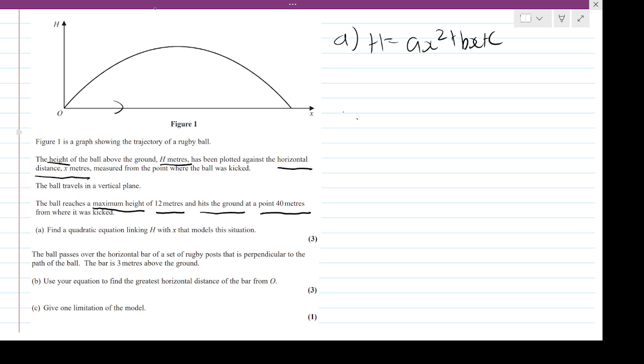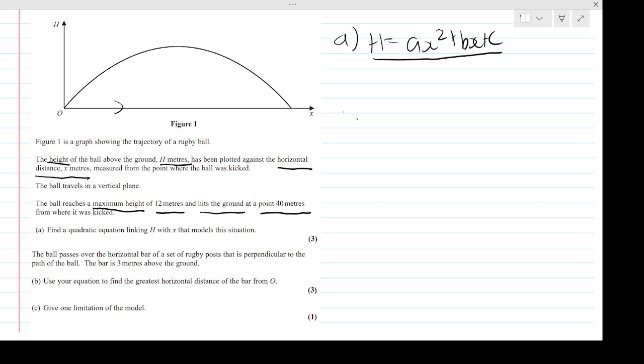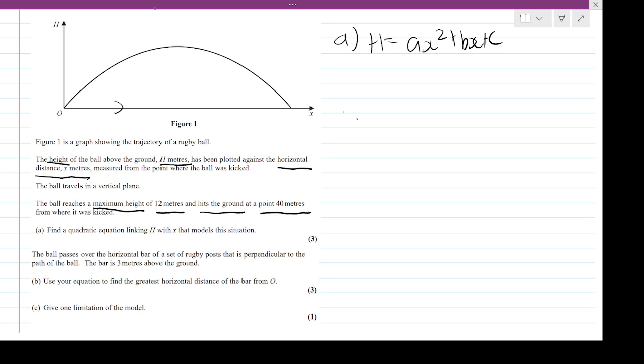However, it's talking about maximum height. So actually, we have two choices. We can either use this form here, which is the general quadratic, but remember, we can also express a quadratic in completed square form.